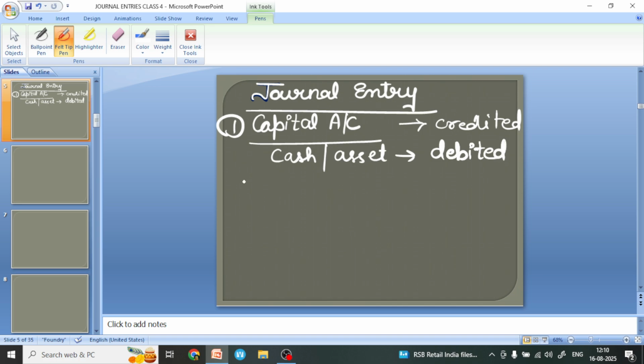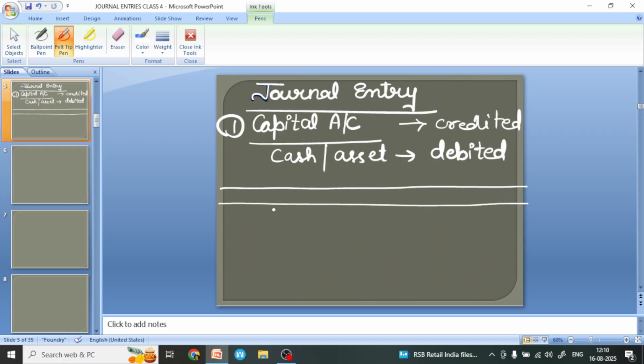An entry will be passed in this format. Here we will write date, particulars.